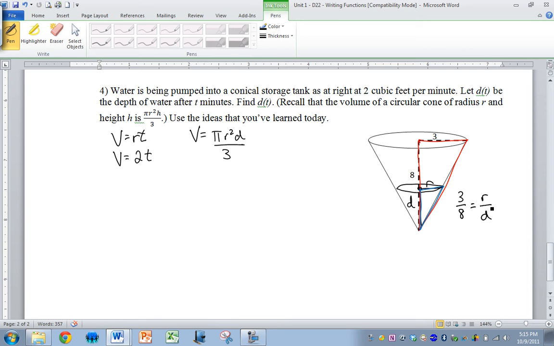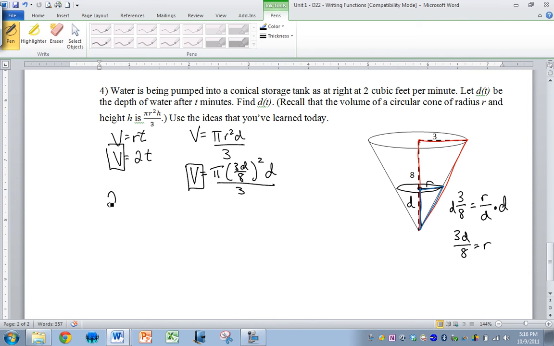So I'm going to solve this for r, multiplying both sides by d. So I have 3d over 8 is equal to my radius. Because it's proportional, I can substitute this radius into my volume equation. So I'm going to have my volume equals pi times my radius, which I said was 3d over 8, squared, times d all over 3. I know I have this volume here, and I have this volume here.